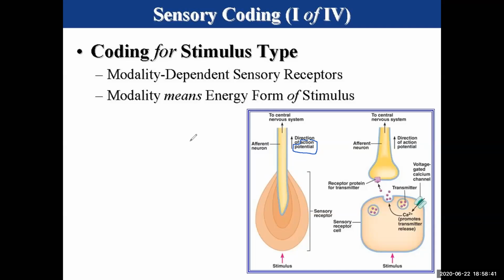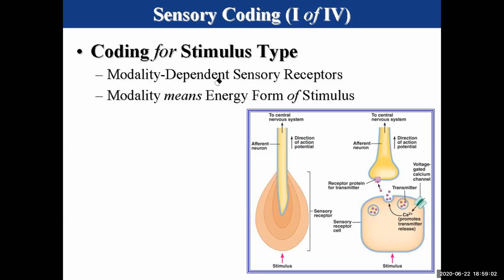So we're going to go over this concept, sensory coding. First of all, how is the type of stimulus being coded? Right, so this depends on the receptor.